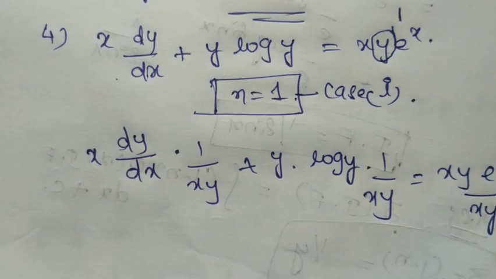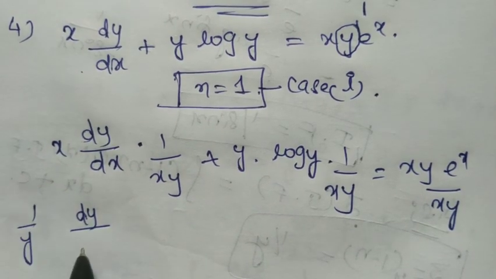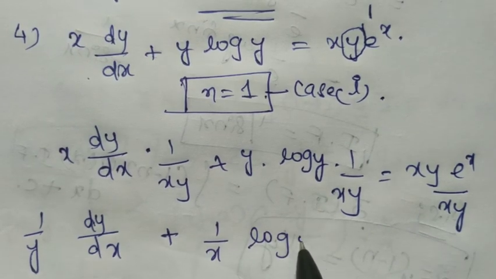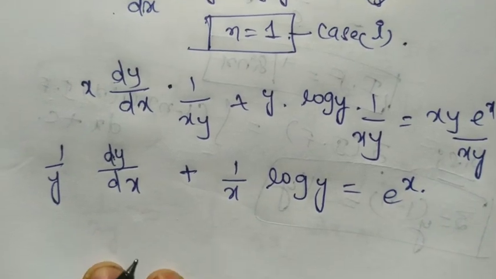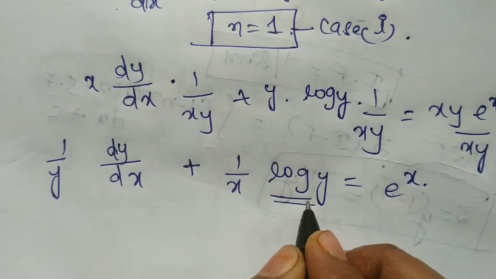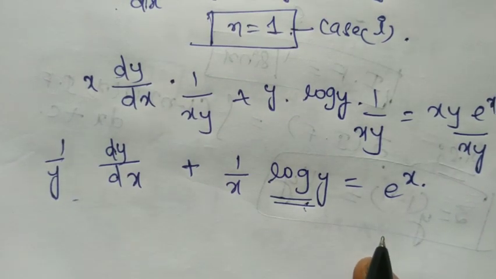So therefore finally 1 by y dy by dx plus 1 by x log y equals e power x. Then here I am taking log y equal to z, because by changing this into an exact differential equation.